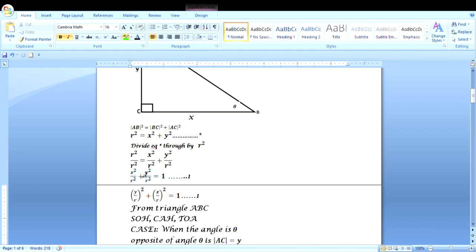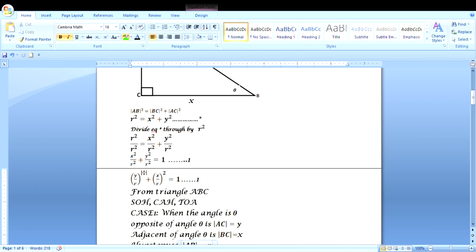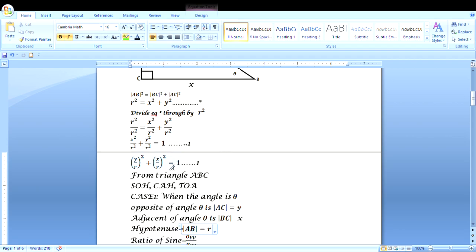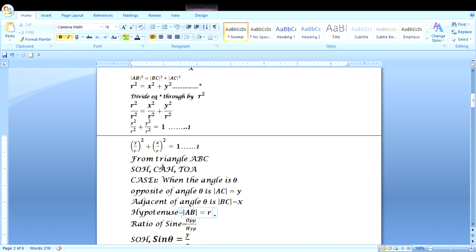This becomes X square over R square plus Y square over R square is equal to 1. Now we can also factor equation 1 as (Y over R) all square plus (X over R) all square equals 1.